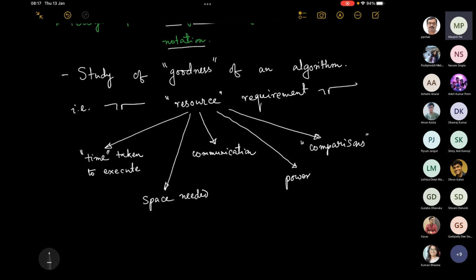For that particular application, minimizing the number of comparisons may be more important than minimizing the time required for running the algorithm, space required, bandwidth, which means mobile communication requirement, power requirement. Minimizing the comparison is the ultimate goal there. Am I conveying my point?